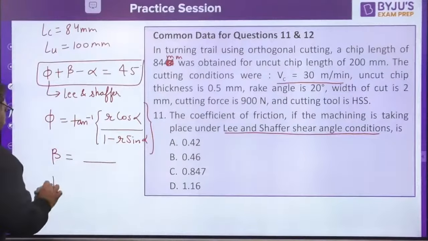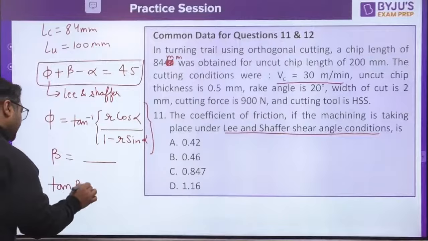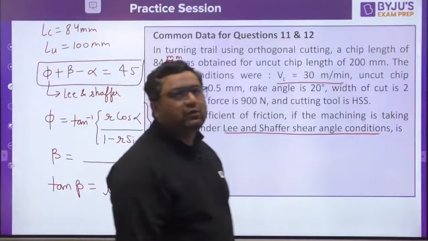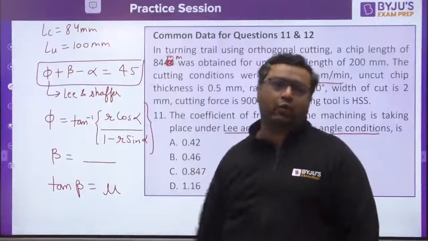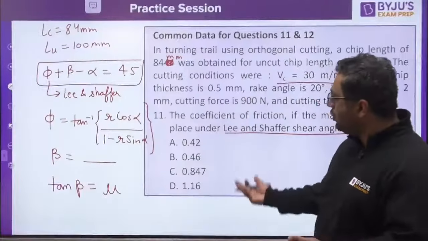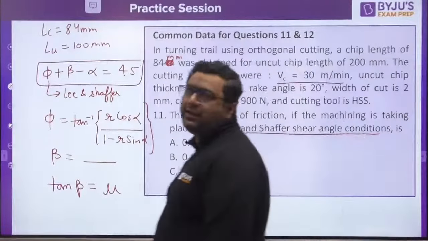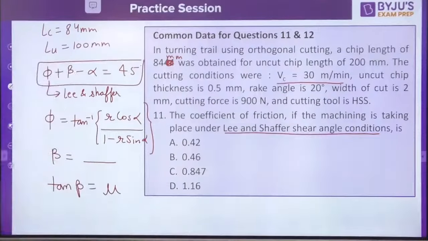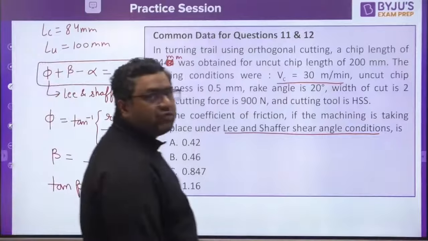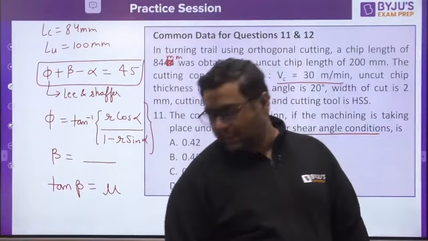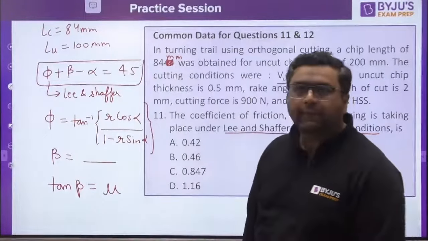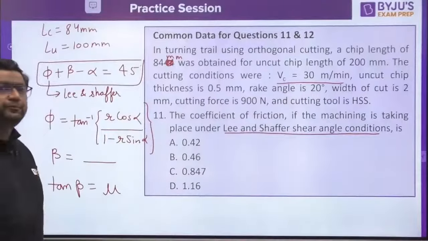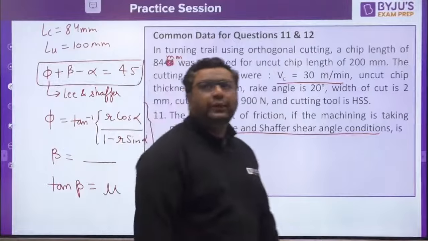Once you get the beta, tan beta is your answer. The hint is there. I am always giving the hint in front of you on the board, so that if you don't know how to solve, you still get the idea to solve it. Gaurav has already answered it as C, 0.847. What about others? Omkar is saying 0.847. Very good.